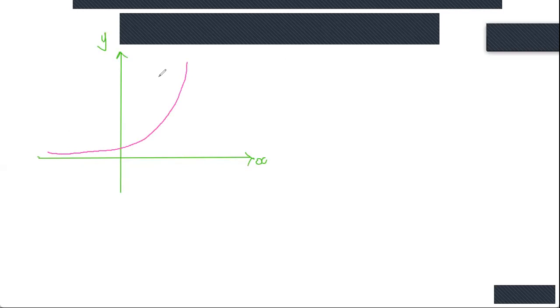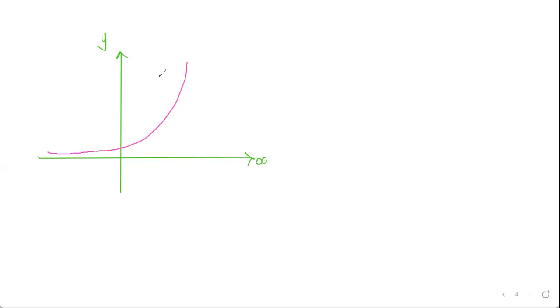For example, in our general method, we always construct the Cartesian plane. We have the y-axis, we have the x-axis, and we have here a kind of exponential function.